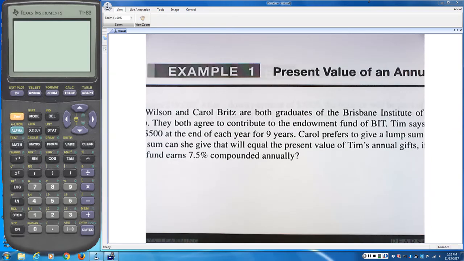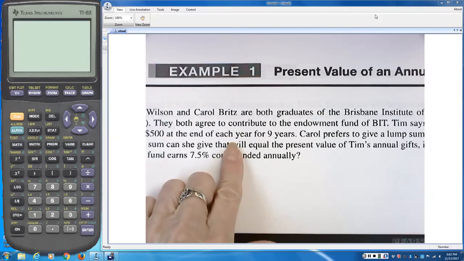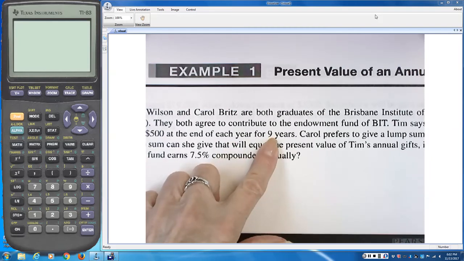So here's our first example. We have two people, Carol and Tim, that are graduates of BIT, and they both agree to contribute to an endowment fund for their school. Tim says he's going to give $500 at the end of every year for 9 years. Carol doesn't want to do that.